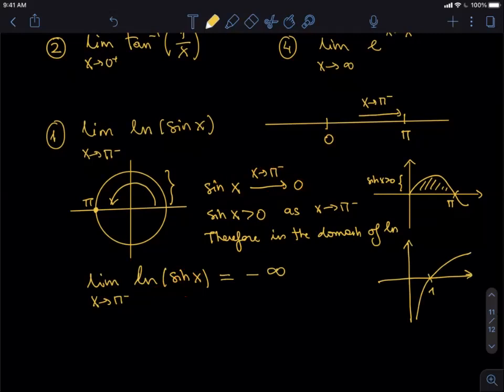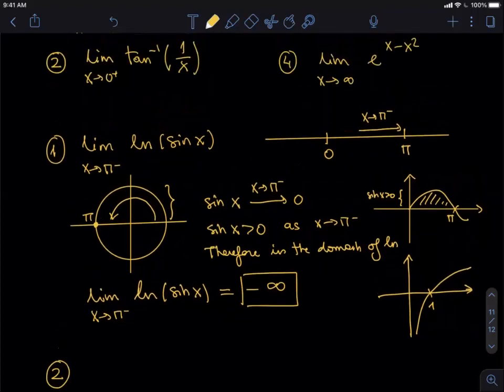The solution is here. I already said that the sine of x is positive, therefore the logarithm is defined, but the sine of x, even if it's positive, is becoming 0 as x tends to pi from the left. Therefore the limit is negative infinity. And that's it. So this is number 1.